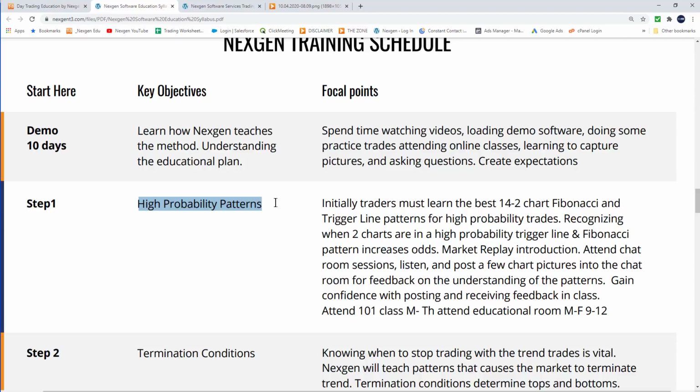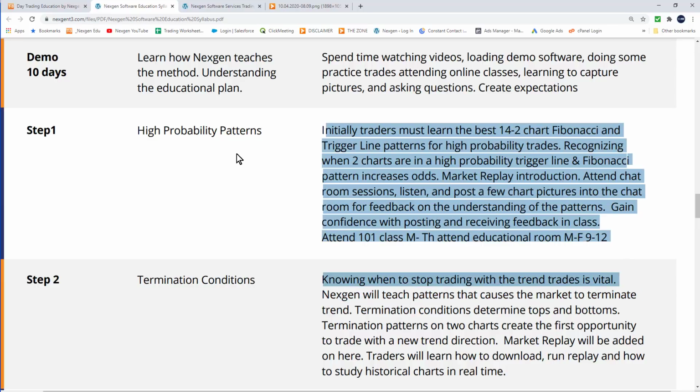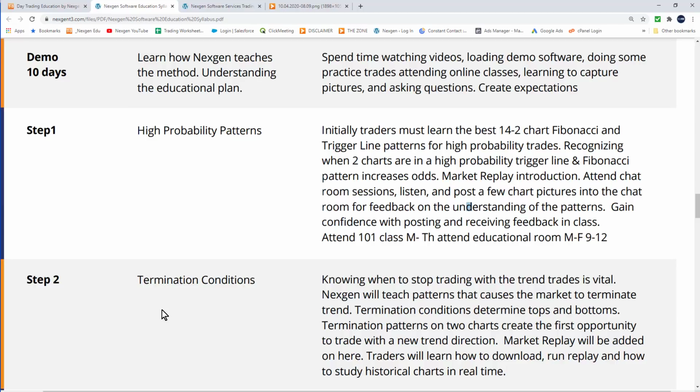Not necessarily just trades, but also high probability. It's really combining step 1 and step 2. Because I think when you know step 2, when to stop trading, which is very vital, that also will lead you into higher probability trend trades on your other charts. So step 1 and step 2 are, you kind of learn them at the same time.